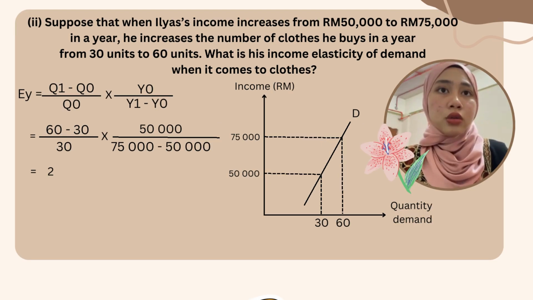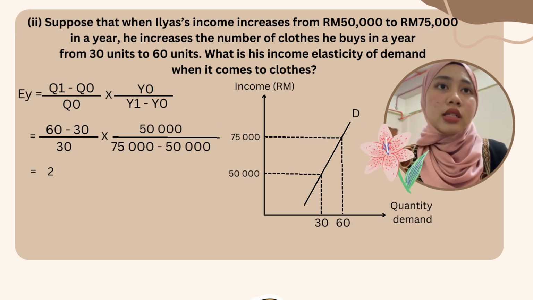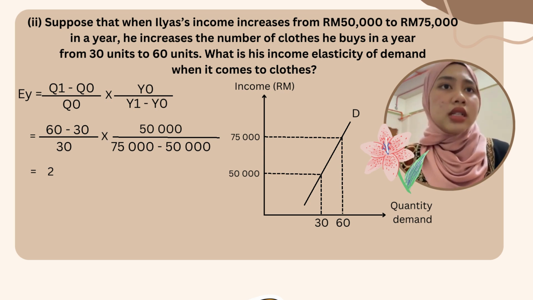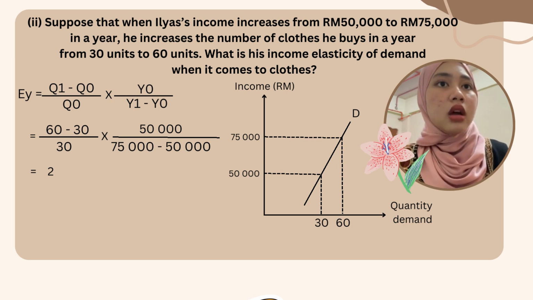Question 3, Roman 2. Suppose that when Elias' income increases from 1500 to 1700 in a year, he increases the number of clothes he buys in a year from 30 units to 60 units. What is his income elasticity of demand when it comes to clothes?